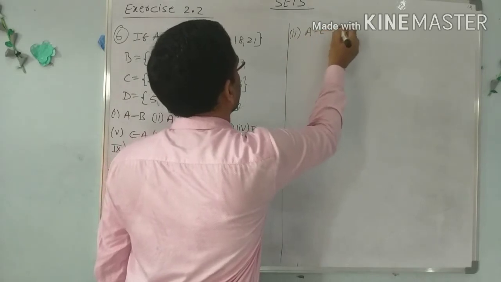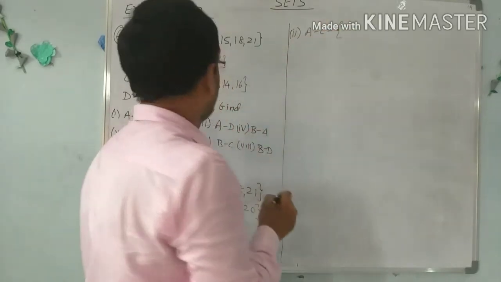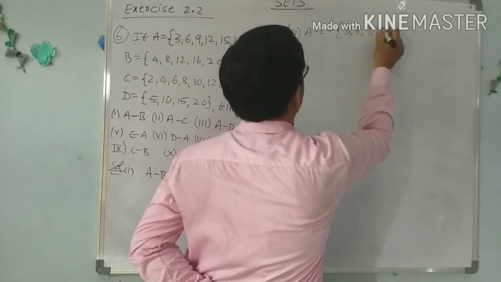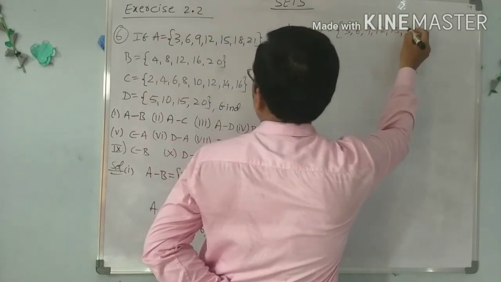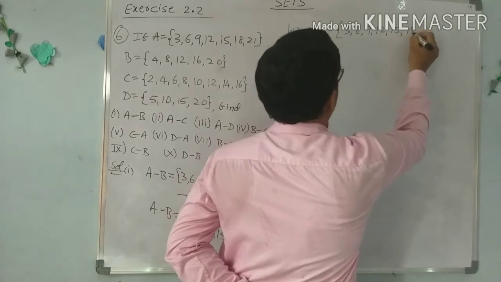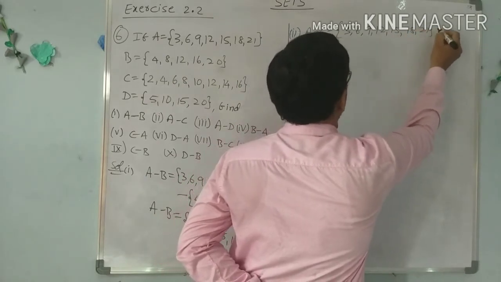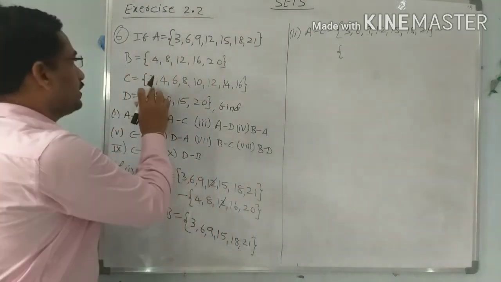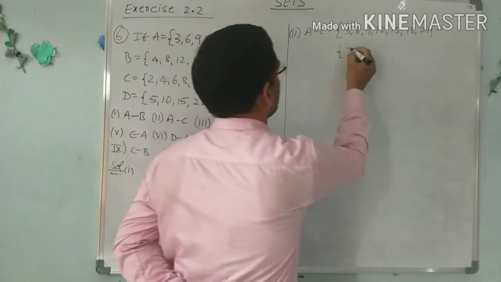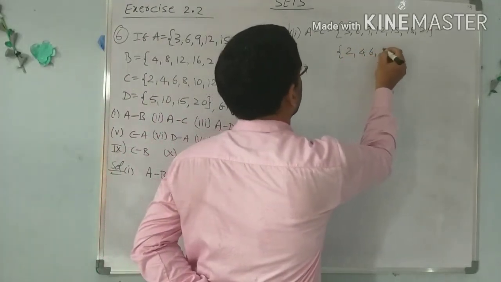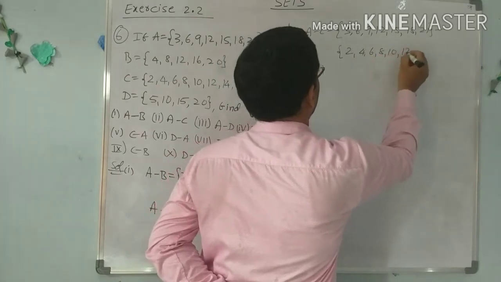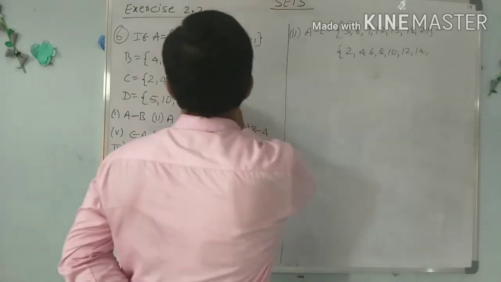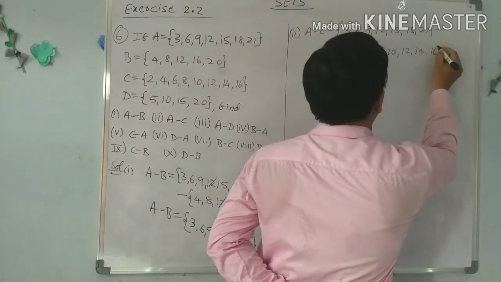A minus C. Write the elements of A: 3, 6, 9, 12, 15, 18, 21. Next, minus the elements of C. The elements of C are 2, 4, 6, 8, 10, 12, 14 and 16, the last one.